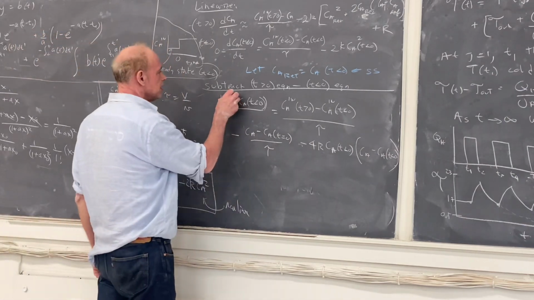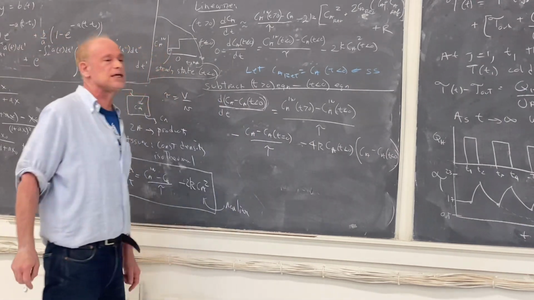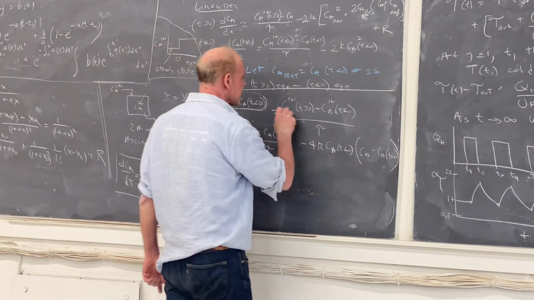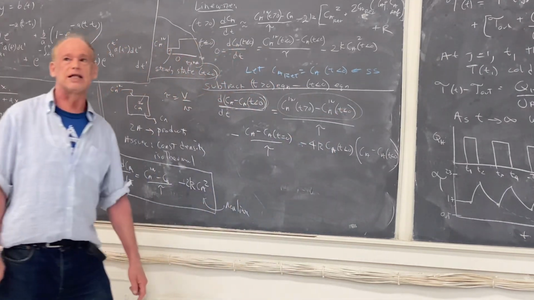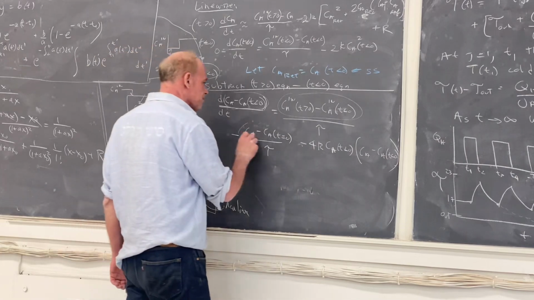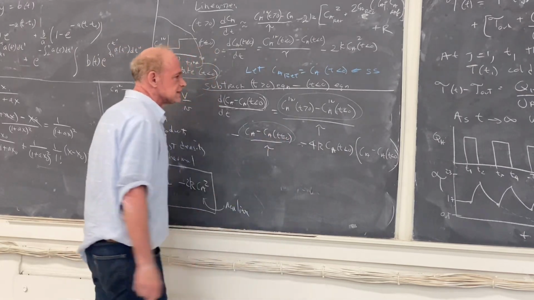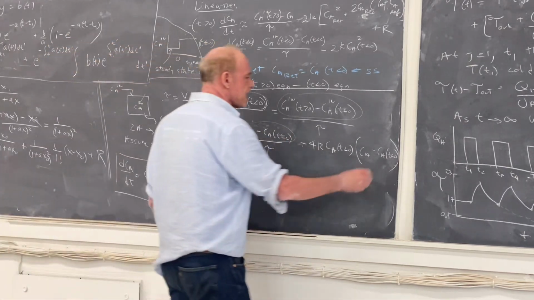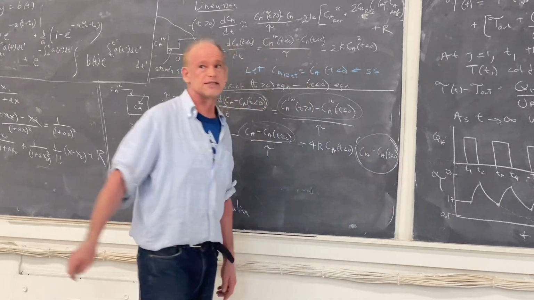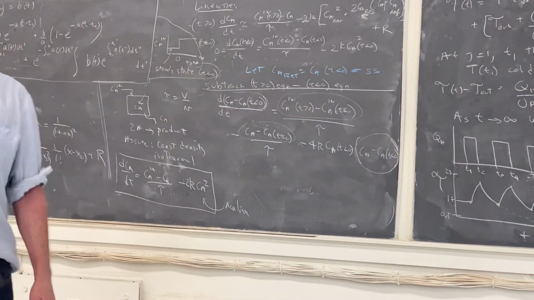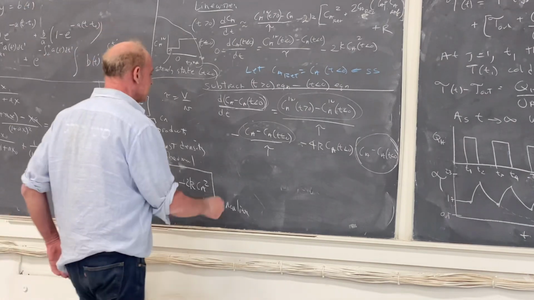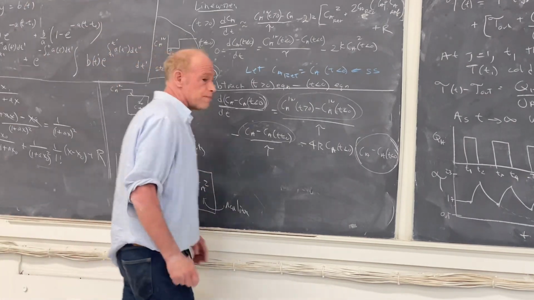This variable is CA minus its value at t less than 0. This is CA in minus its value at t less than 0. This is CA minus its value at t less than 0. This is CA minus its value at t less than 0. So to make the notation simpler, I'm going to let, and I need more board space.